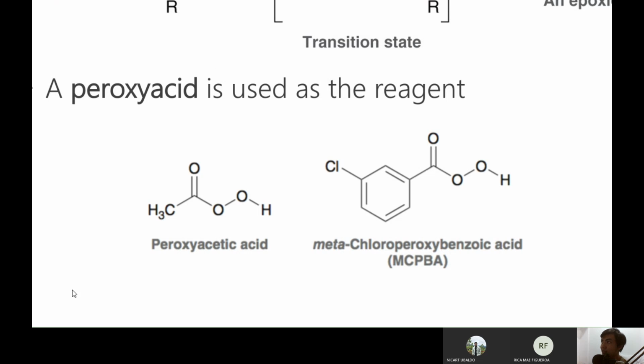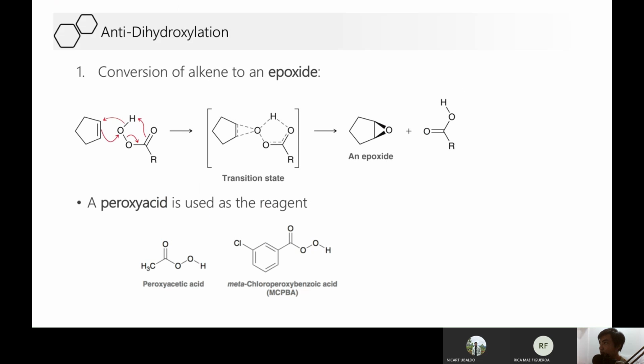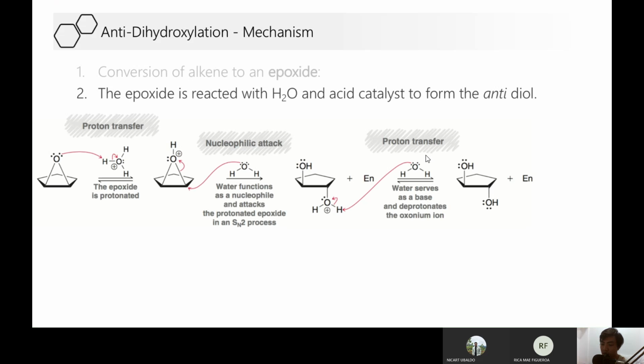Ang daming pangalan, no? So meta yan because 1,3 position ng substituent sa benzene ring. We will discuss that in the future. So yung peroxy, ito yung chloro. Itong group na to ay yung benzoic. Okay? So that's the first process.